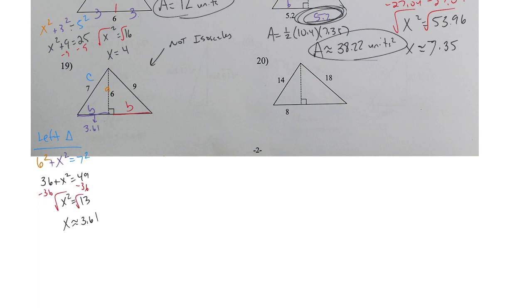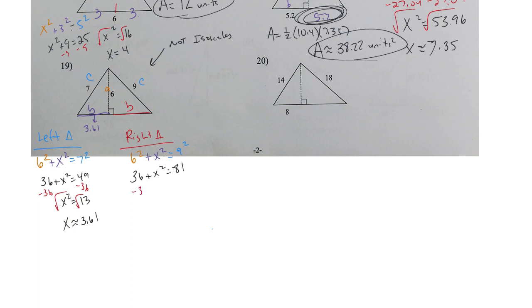Now I have to do the whole thing again, this time for the right triangle. So this time a is still 6 squared. We still don't know what b is, so we're going to say x squared. And then c is going to be 9. So then I have 36 plus x squared equals 81.